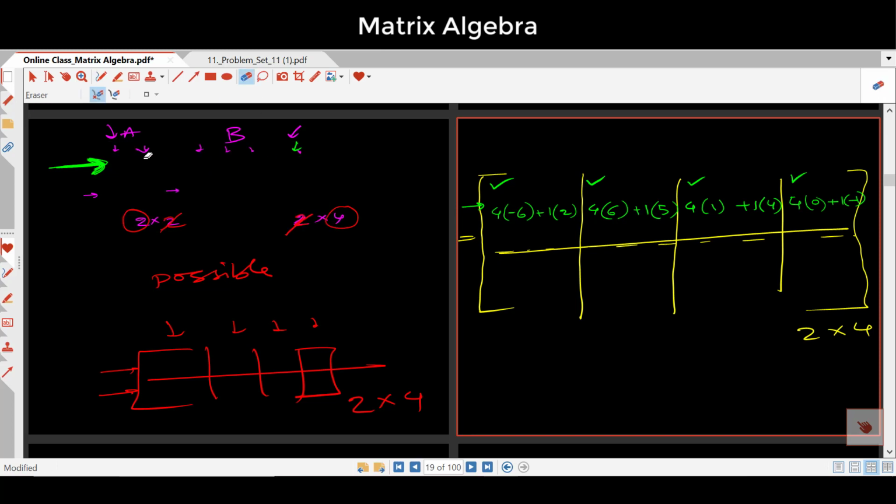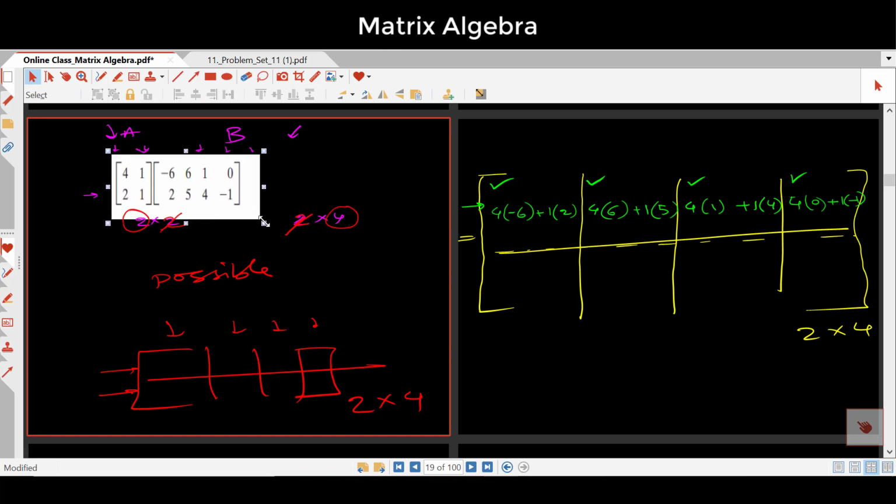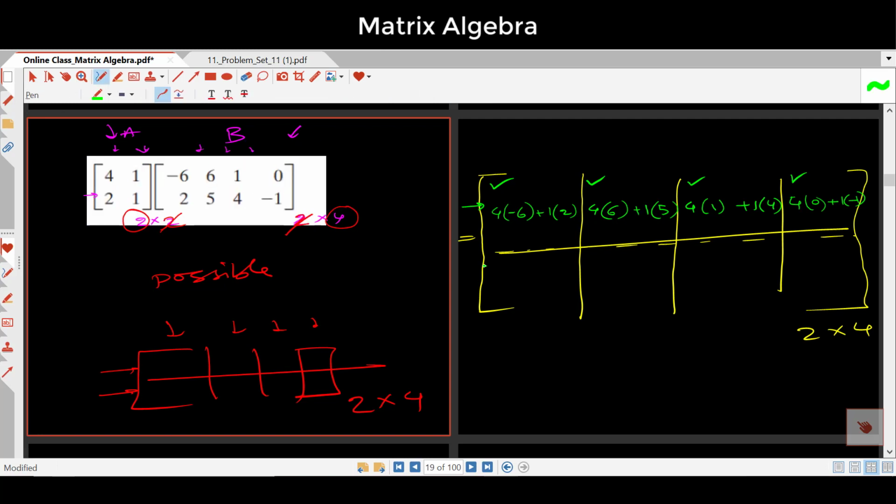Now we have to similarly do calculations for the next part. So what will be here? Now you have to think about the second row of A and first column of B and do the calculations entry wise. So 2 times minus 6 plus 1 times 2.